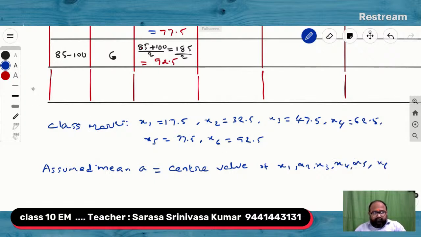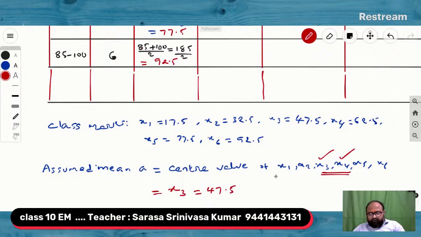Here the center values means we can take either x3 or x4 as the assumed mean. Here I am considering x3, which is equal to 47.5.